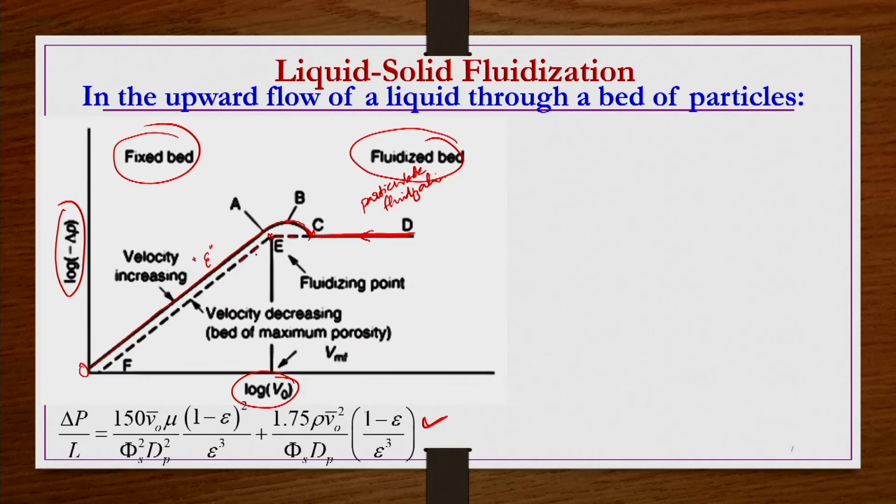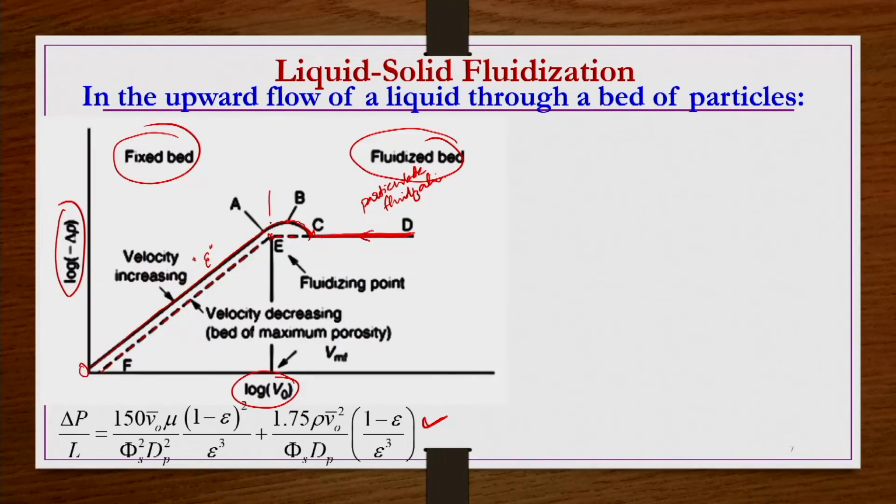That is the reason that from this point E onwards, when you decrease the flow rate or velocity, the pressure drop decreases with the velocity, but it is not following the initial OA curve; it is following this EF curve, because the bed has been fluidized, and by decreasing the velocity, particles settle, touch and rest onto each other, but that resting is not providing the initial compact packing.